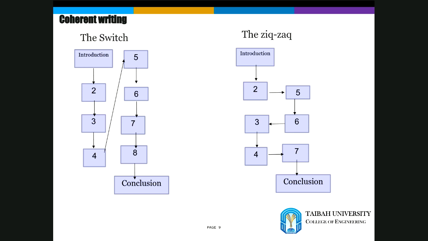So try to make your report enjoyable in terms of the writing, from 1 to 2 to 3 to 4. Make it well organized, well connected to each other. Do not jump from one point to another point, okay?